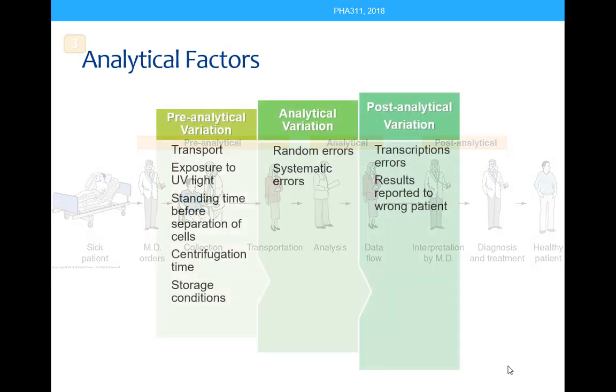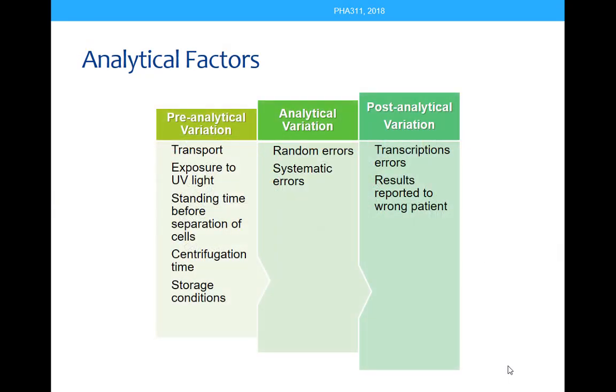Okay, let's look at some common examples. Pre-analytical variation could be in the transport, took too long time to reach the lab. Exposure to UV light, standing time before separation of cells, centrifugation time, storage conditions, the temperature is not proper. So all these factors will affect the quality of your test result. Analytical variation could be random errors, could be systematic errors.